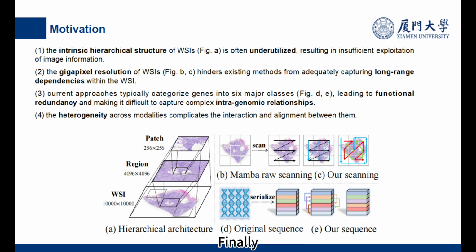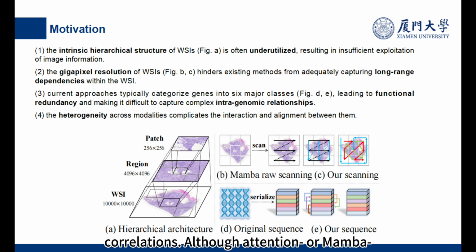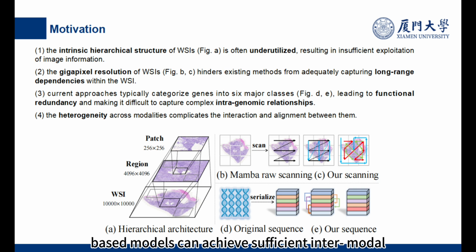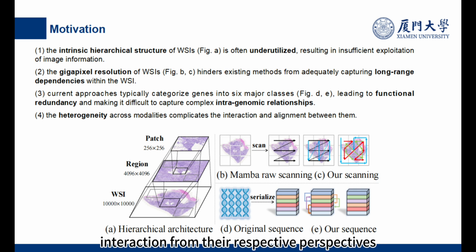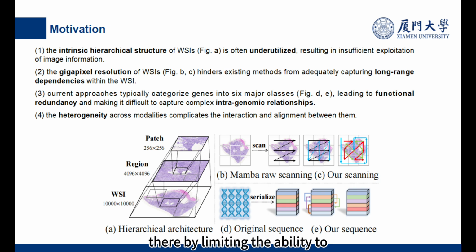Finally, the heterogeneity between modalities complicates the modeling of intermodal correlations. Although attention or MAMBA-based models can achieve sufficient intermodal interaction from their respective perspectives, inflexible and simplistic feature fusion designs may introduce redundancy, thereby limiting the ability to improve feature representations.